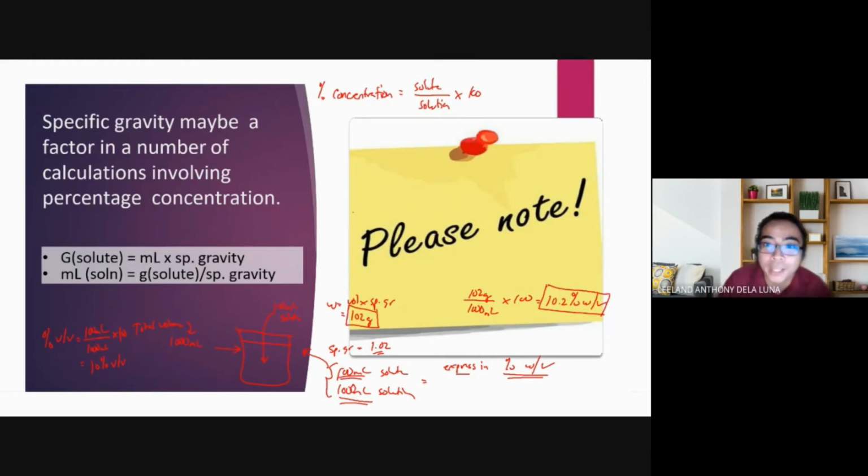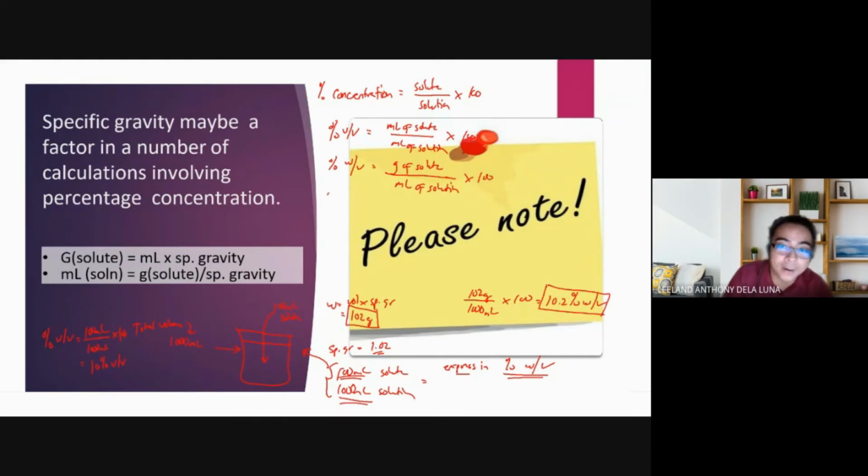Alright? So halimbawa, kung yan ay percent volume per volume, so ibig sabihin, ml of solute over ml of solution times 100. Kung ito naman ay percent weight per volume, so that would be grams of solute over ml of solution times 100.